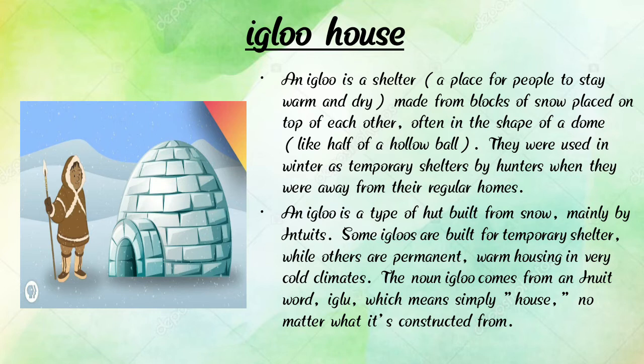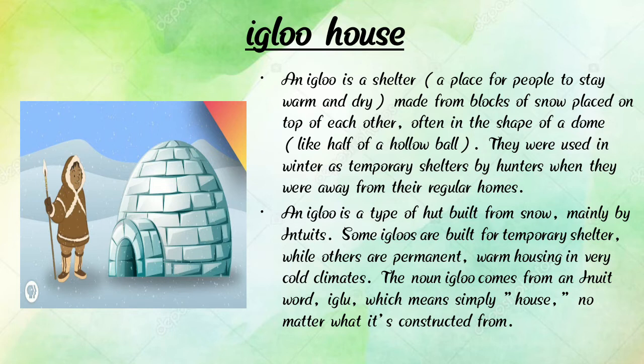Here we can see it looks like a dome shape. It is made from blocks of snow placed on top of each other. This type of house is like a half hollow ball, and they were used in winter as temporary shelters by hunters when they were away from their regular home.